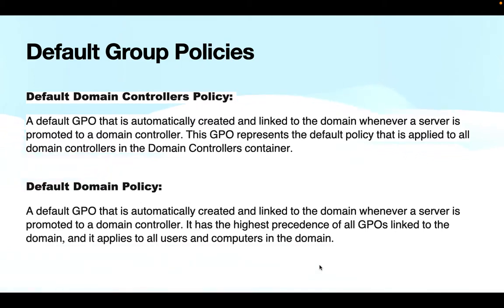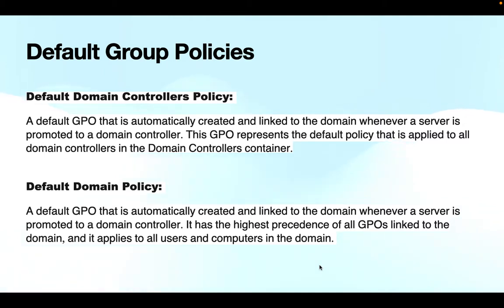On that OU, this group policy will be linked by default. This GPO represents the default policy that is applied to all domain controllers in the Domain Controllers container. The container is an organizational unit only, OU only. Whatever domain controllers are added into that OU, this group policy will apply.